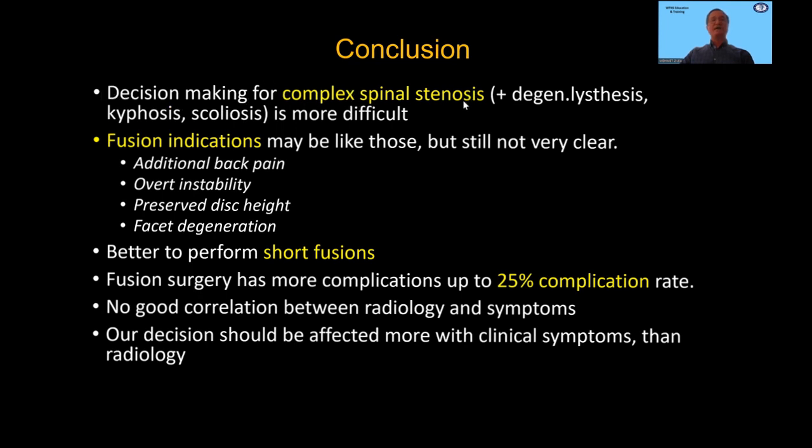Decision-making in complex spinal stenosis patients is more difficult, and fusion indications may be like those: additional back pain, overt instability, preserved disc height, and facet degeneration. But not only one of them must be present; 2 or 3 of them must be present altogether.